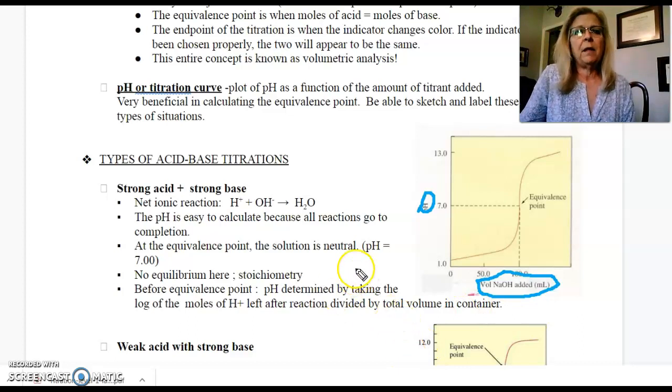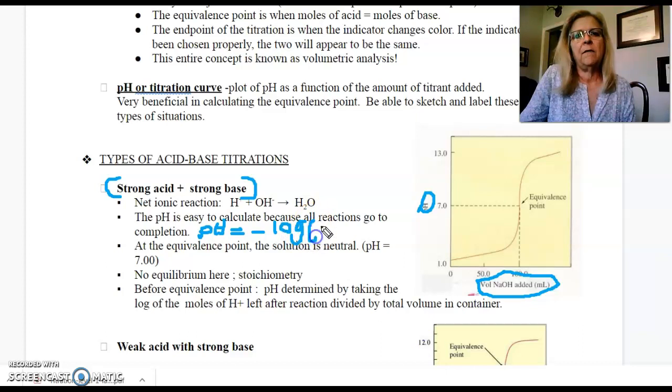The important thing to remember, and you'll remember this because we've been working with this for a while, is that for a strong acid, strong base, and that's for this situation only, the pH is easy to calculate because we can determine the negative log of the hydrogen ion concentration.